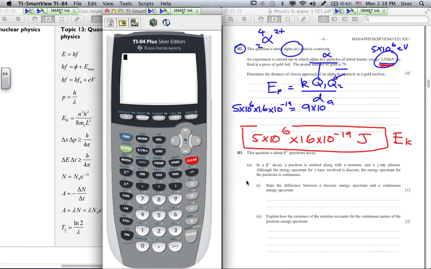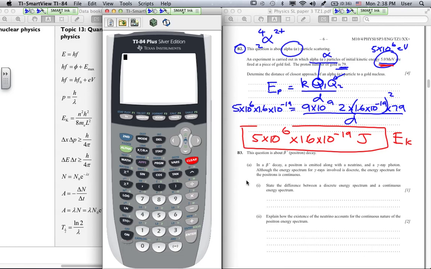Now the charge on the alpha particle, the Q1, is going to be 2e, so it's going to be 2 times e, times 1.6 times 10 to the negative 19, and the charge on the gold nucleus is going to be 79, because it's got proton number 79, so it's going to be times 79, and that's also times e. So this e, 1.6 times 10 to the negative 19, is going to be squared like that, and that's all going to be over d.